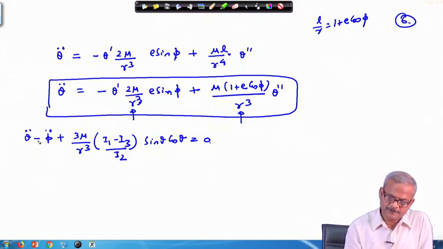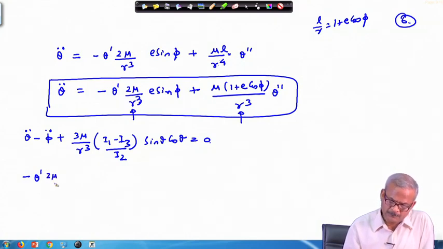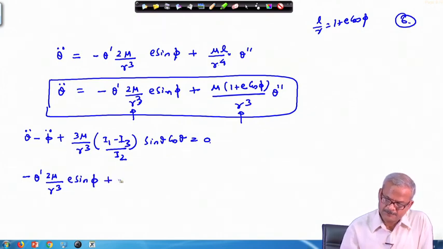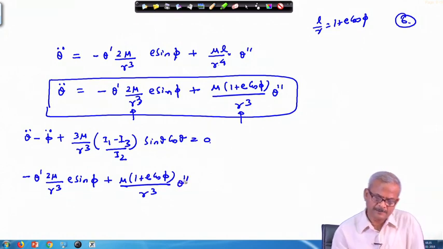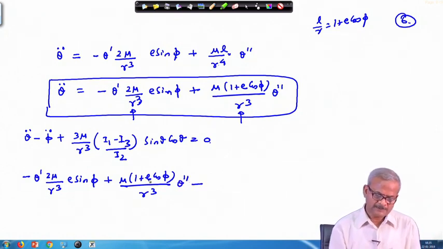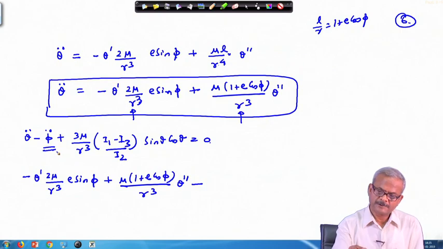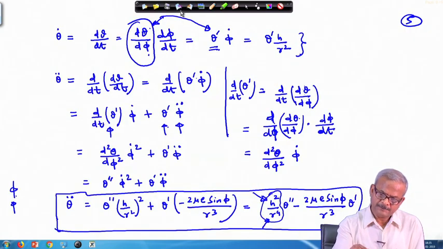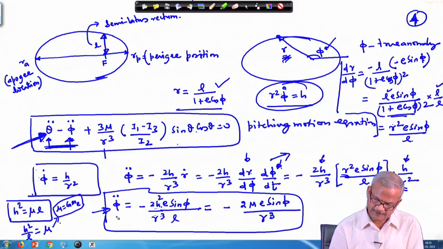So, insert all these quantities here. So, this is your minus theta prime 2 mu by r cube e sin phi plus e cos phi divided by r cube times theta double prime minus phi double dot. So, this quantity phi double dot we have worked out here in this place.